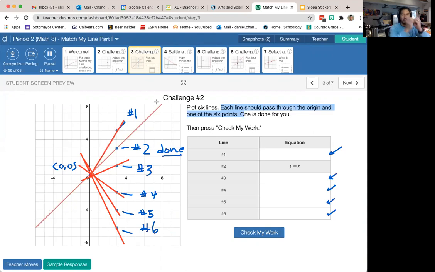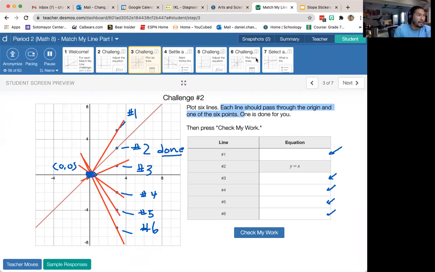It's going to look like a big explosion, and they all intersect at the origin, (0, 0). So you know you've got it all correct when you have something that looks like an explosion where all the lines intersect at the origin.